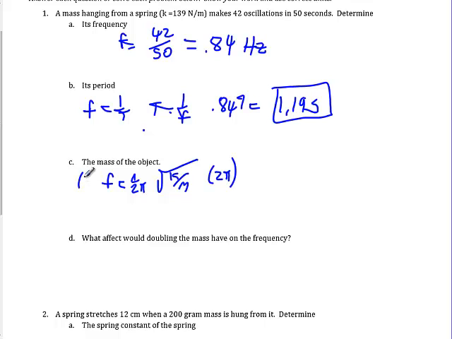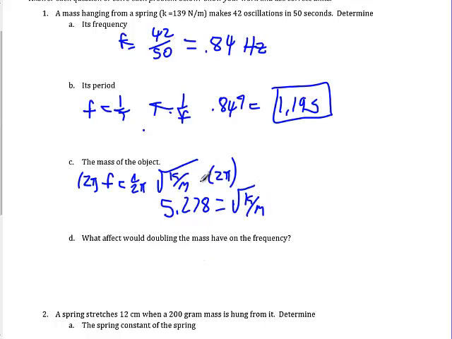Multiply by 2 pi, so you can see I've got 0.84, my frequency, times 2 pi, and 0.84 times 2 pi is 5.278. 5.278 equals the square root of k over m.